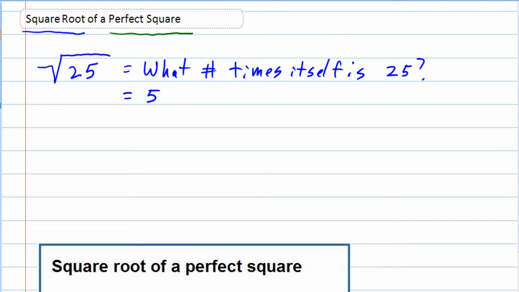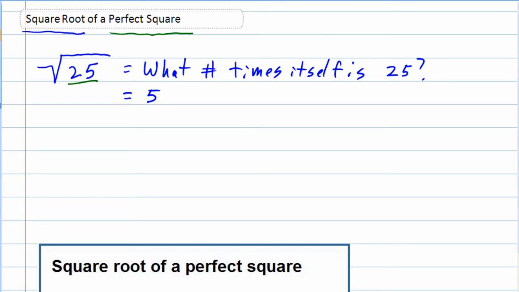Now, the perfect square part of this means that the square roots are always going to be numbers that are themselves perfect squares. So for example, 25 is a perfect square because 5 squared is 25.